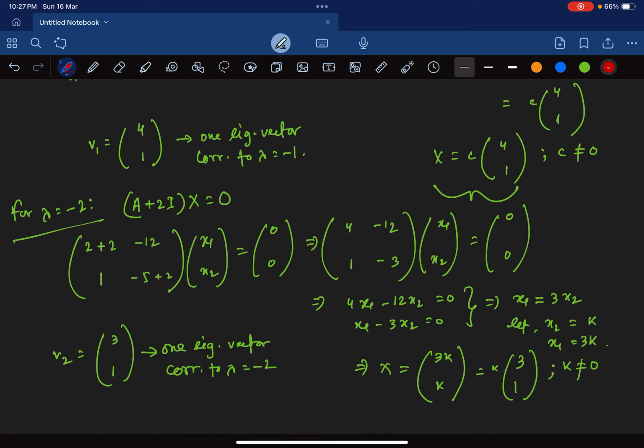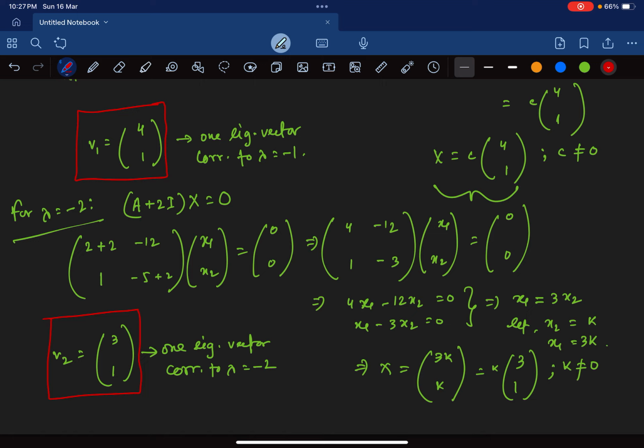Now observe one thing carefully for these two eigenvectors, v1 and v2: they are linearly independent. This is one of the key results from this understanding.